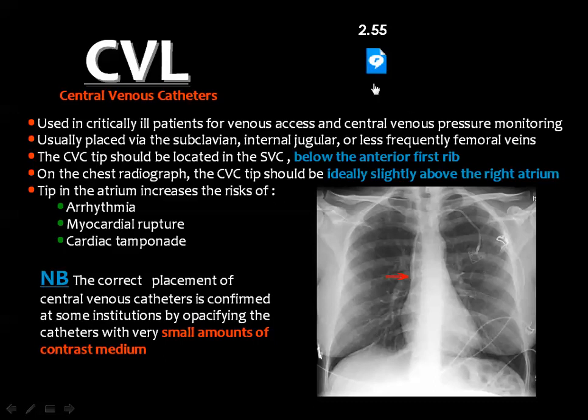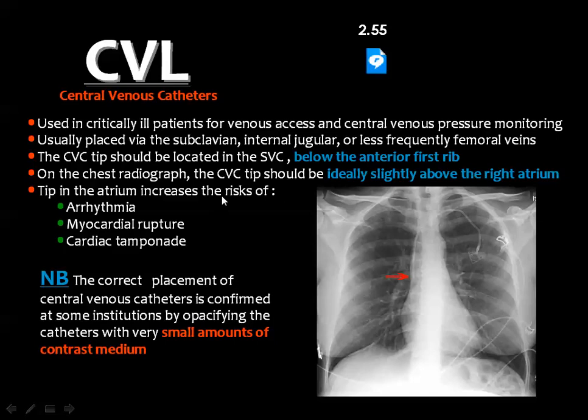Then this central venous line is usually used to introduce medication and to measure the central venous pressure and so on, and usually placed via the subclavian, internal jugular, or less frequently through the femoral veins.